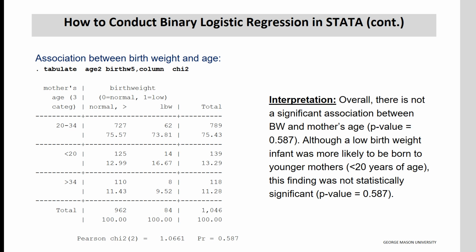And here we notice something similar as previously, where the association is not statistically significant because the p-value of 0.587 is larger than alpha. Although a low birth weight infant was more likely to be born to younger mothers, as you can see here from the percent distribution in the table, the finding was not statistically significant.